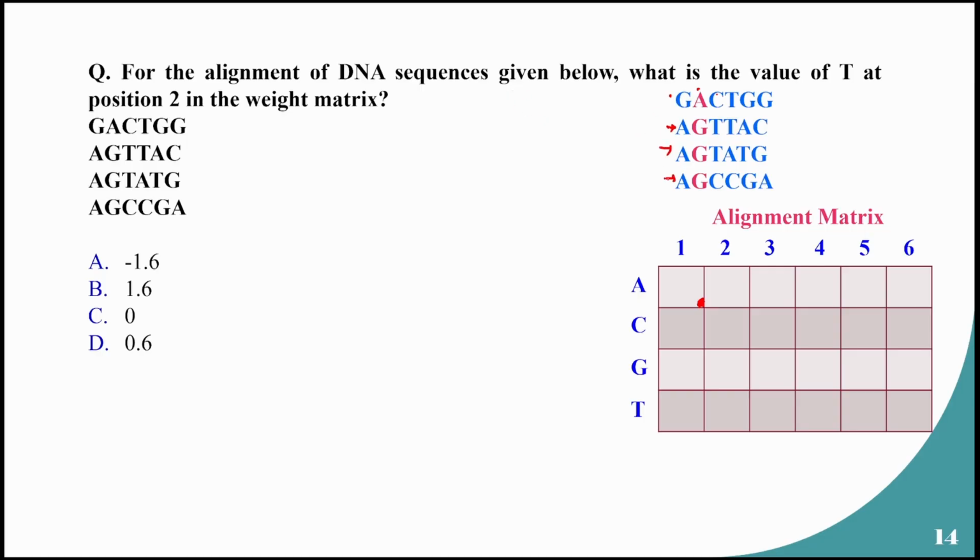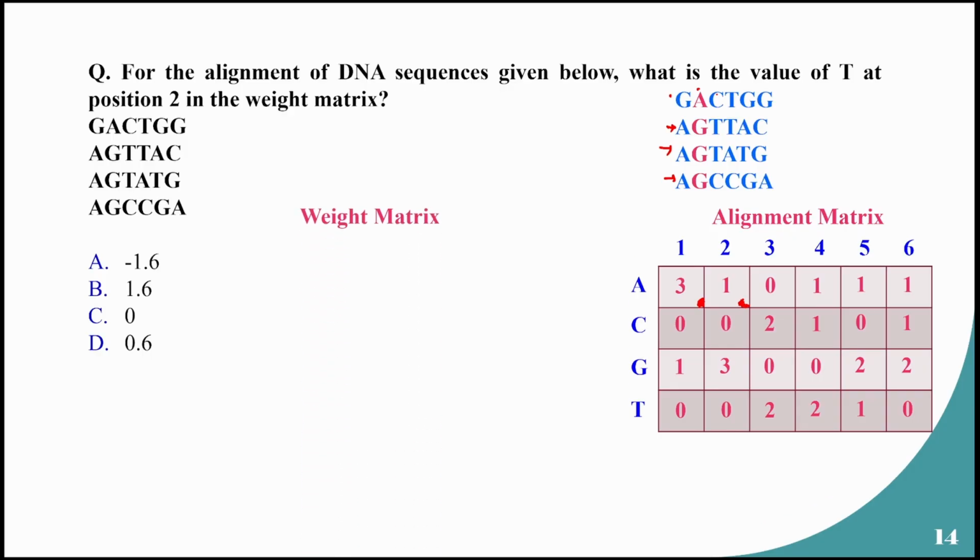Then for the next cell, in position 2, how many adenines are present? You see that in position 2, 1 adenine is present, the other 3 are different, so that would be 1 here. And how many cytosines are present in position 1? 0, right? That's how you fill out all of the cells in this matrix. That's how you get the raw alignment matrix.